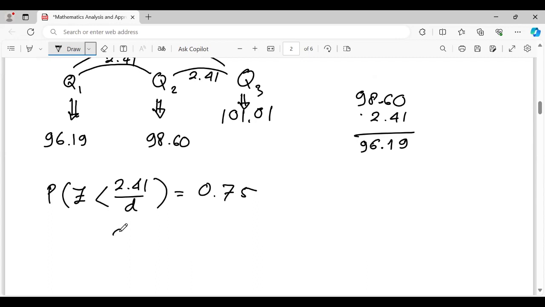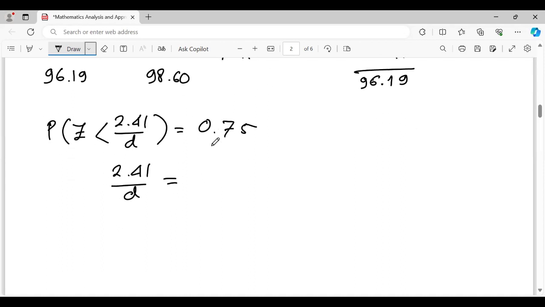So 2.41 over D equals, if you find it through the calculator by inverse normal distribution, 0.674489.